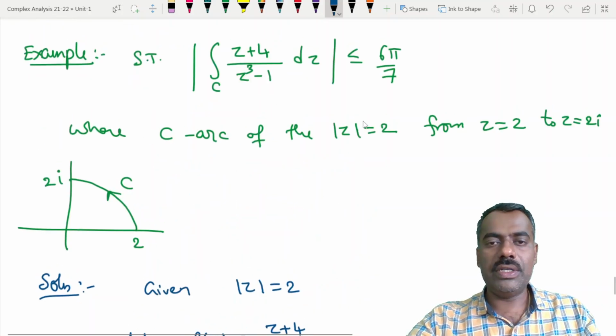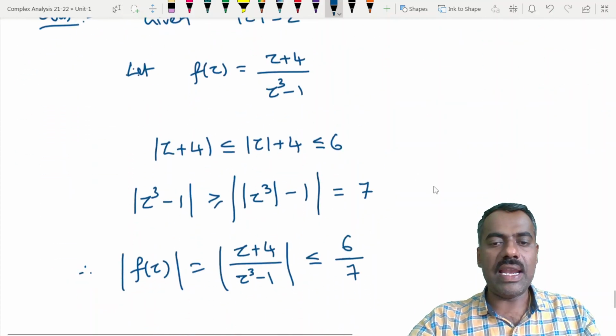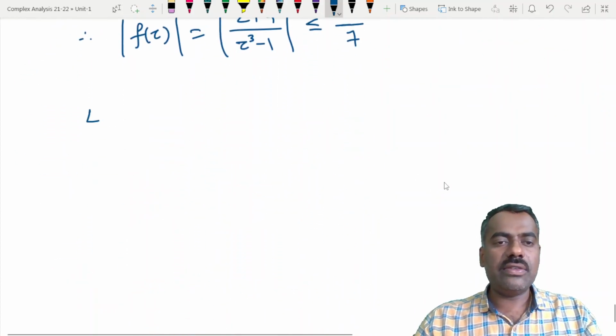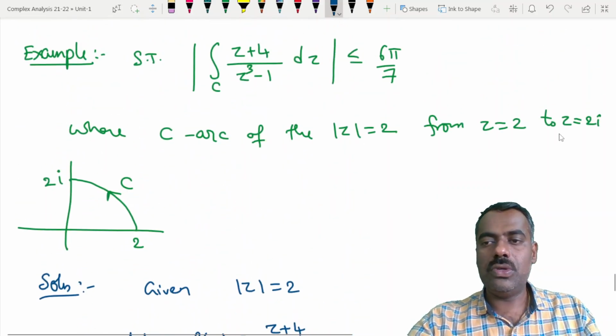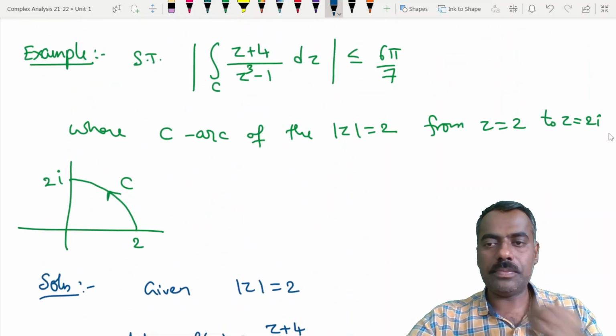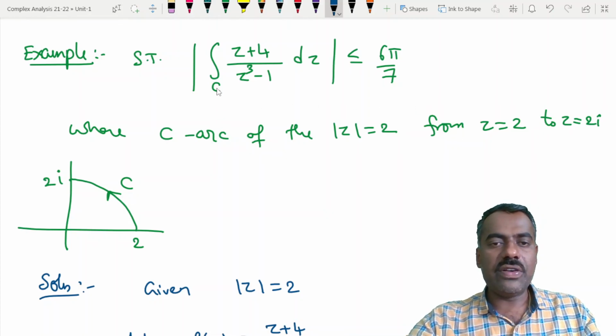Now what remains to find is the length L, which is nothing but the integral, where z goes from 2 to 2i. We want to find the length of the contour, where mod z is equal to 2.